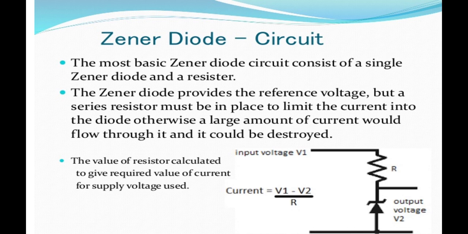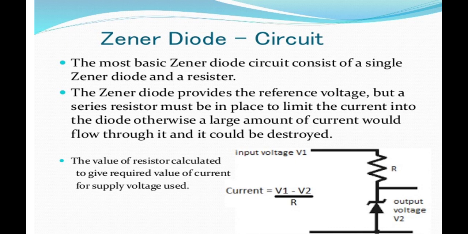This is the equation of current by Ohm's law: I equals V by R. Here V1 is the applied voltage, V2 is the voltage across the Zener diode, and R is the resistor value.